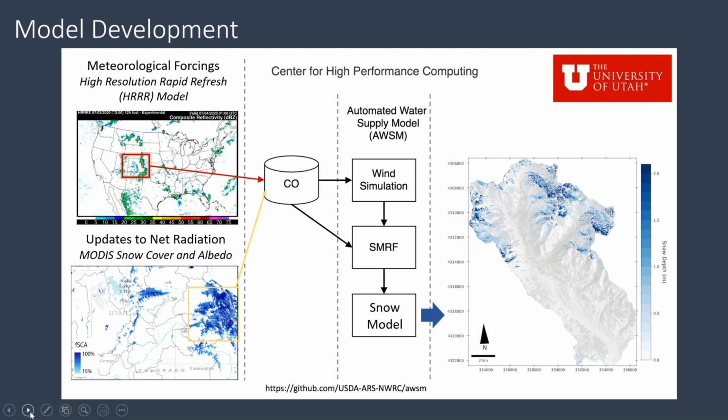Within the automated water supply model, we first do a wind simulation, then we distribute all these forcings that go into the snow model, and what we get out is evolution in snow cover at an hourly time step over an entire water year, and now multiple water years. Next slide.